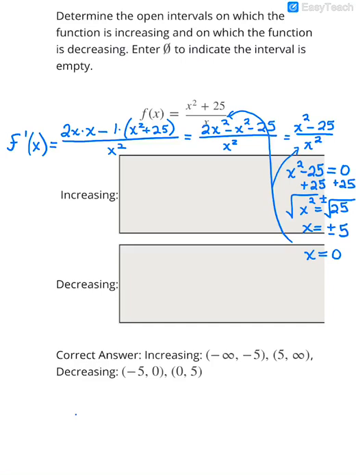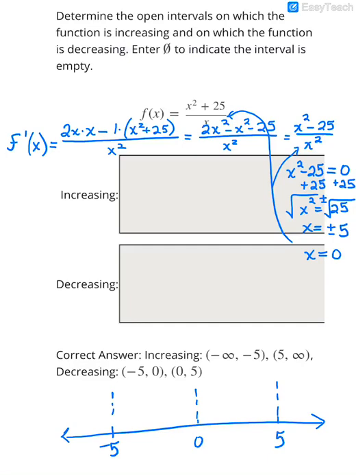Okay, so let me come down here and I'll do my number line at the bottom. So we are going to look at values around -5, around 0, and around +5. So I'm just going to work left to right.